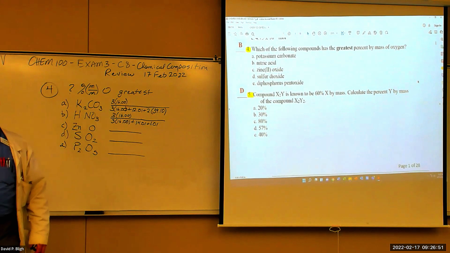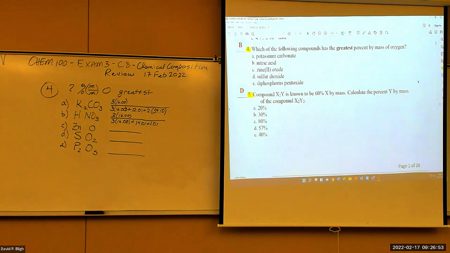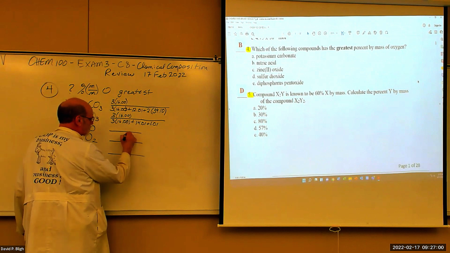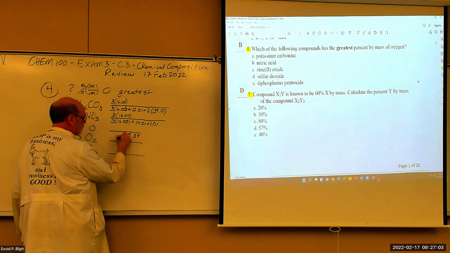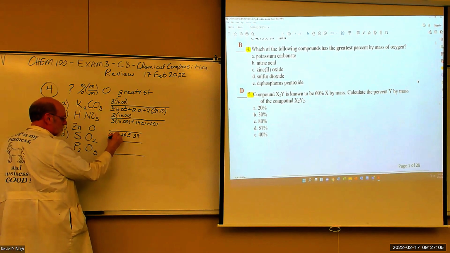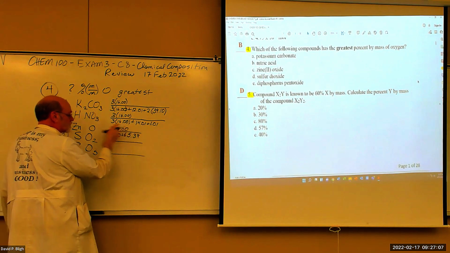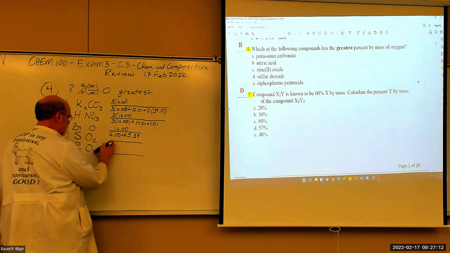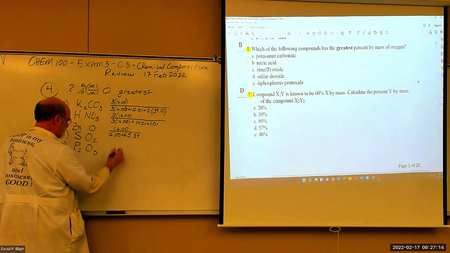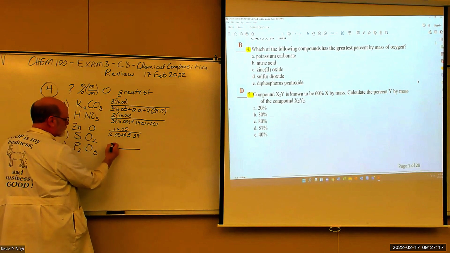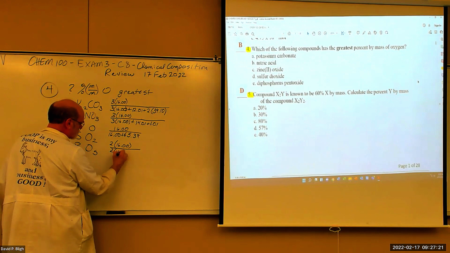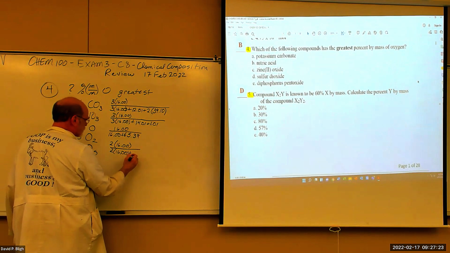Zinc. Zinc's a transition metal, so it ought to be 65.39 here. But we have to add oxygen here and oxygen here. There's only one of them. Let's see, I'm going to have to scoot down a little bit. The next one, 2 oxygens and 2 oxygens, plus sulfur.